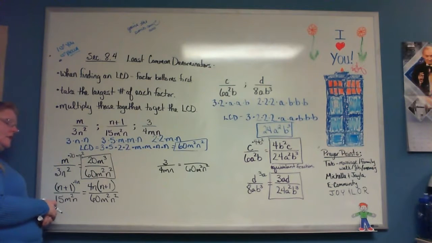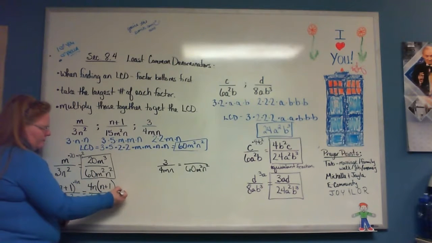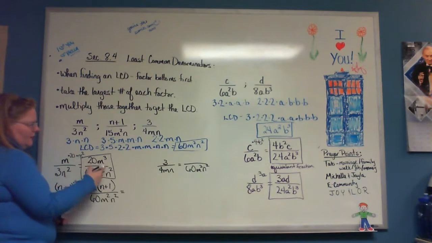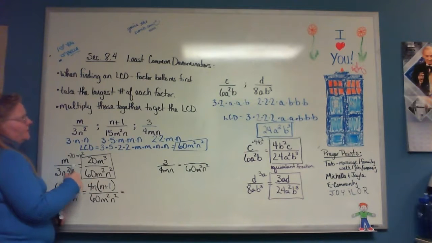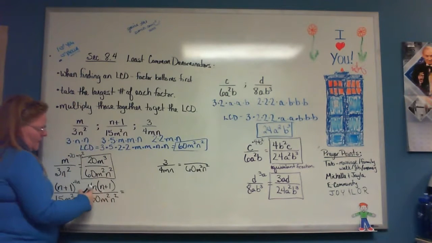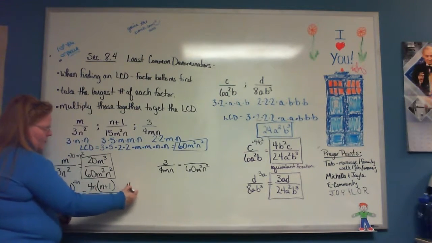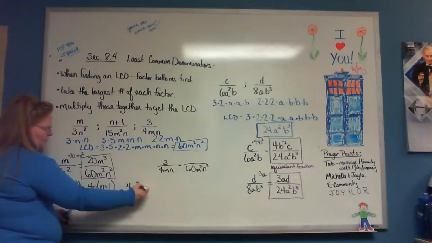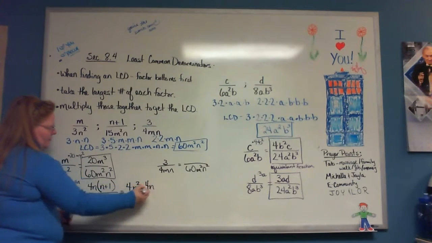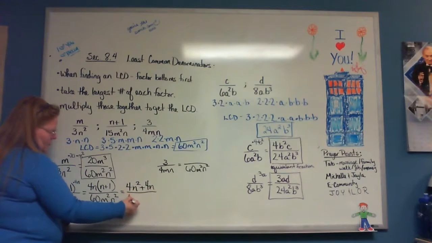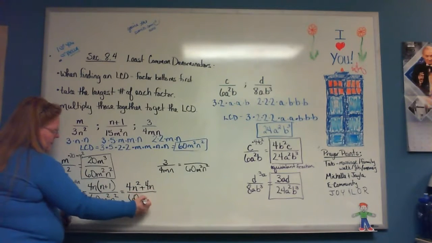Well, technically this is an equivalent fraction. But because I know what's coming up, yes, you need to multiply those out. We multiply them out here, you should multiply them out here. See, multiply those together, just saying. So that's going to be 4n squared plus 4n over the 60 m squared n squared.